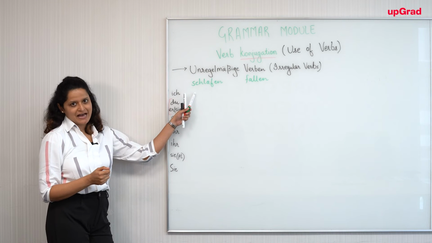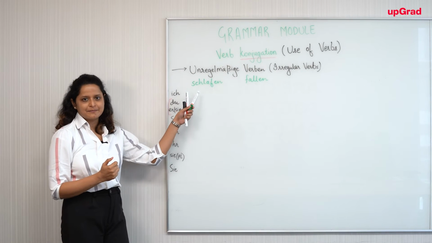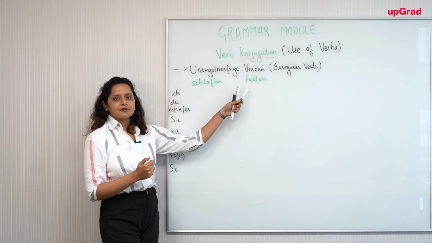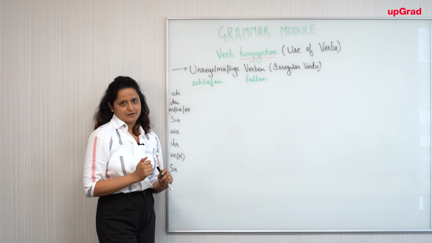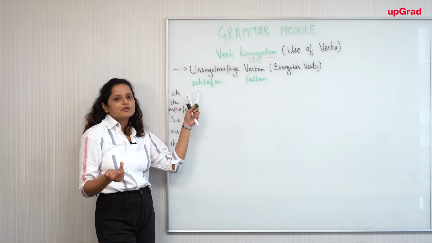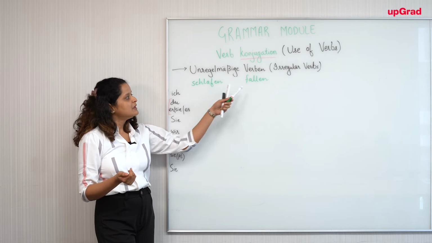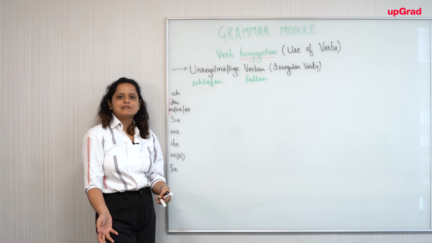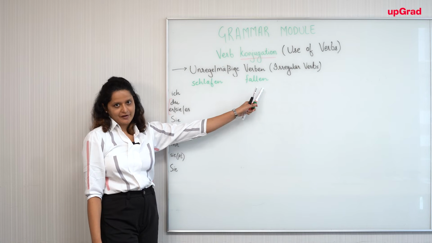The verb schlafen, which means to sleep, and the verb fallen, which means to fall. When we're talking about how much you want to sleep, how long you sleep, the verb is schlafen. Fallen is, let's say somebody falls from somewhere, then it is fallen.